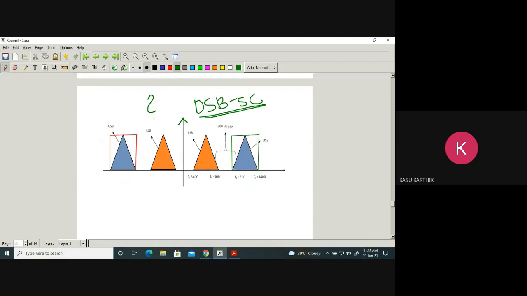Okay. But here, you don't get confused. So this is the upper sideband. This is the lower sideband. What is the observation here?